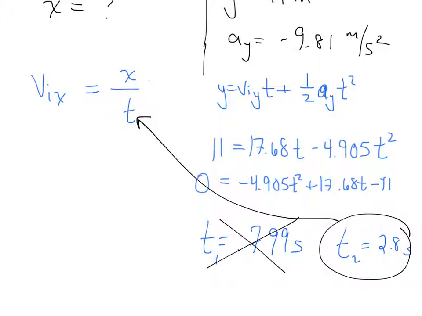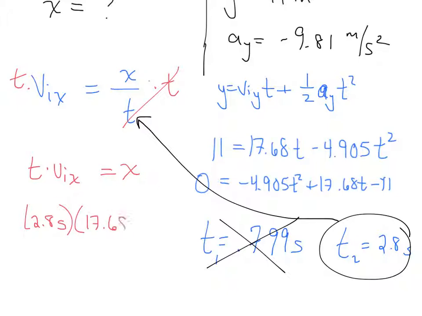In this case, though, if you want to get x, how do I get rid of something being divided? Yeah, just multiply. So multiply both sides by time. So we can solve generically. Times cancel. So the displacement is just time times Vix. Time is 2.8. Vix was 17.68.